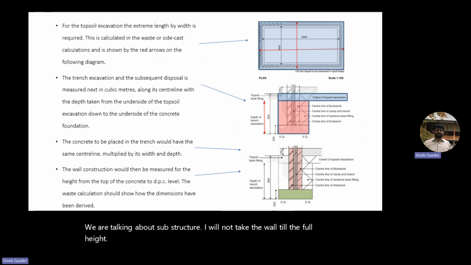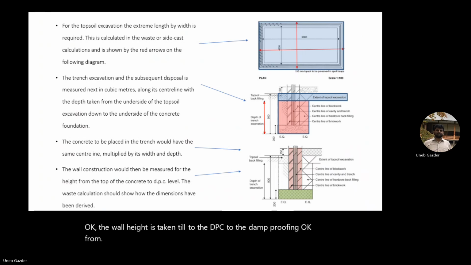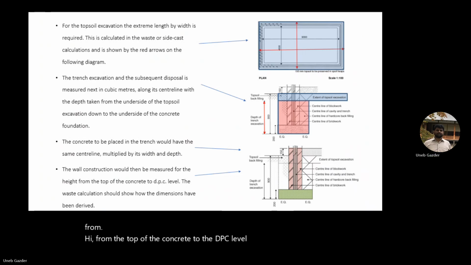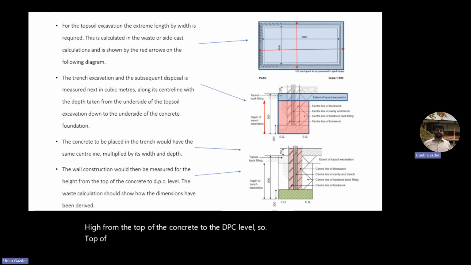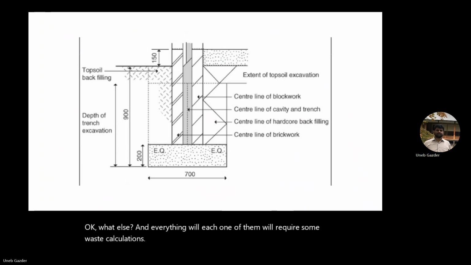The wall height is taken to the DPC, the damp proofing, from the top of the concrete to the DPC level, which is normally at the floor level. Each one of them will require some waste calculations. Anything new here? Nothing, right?